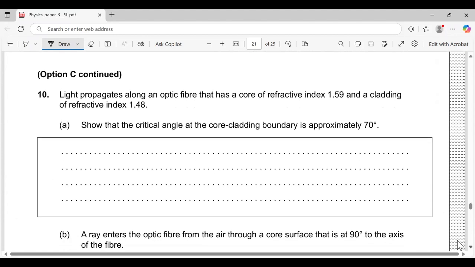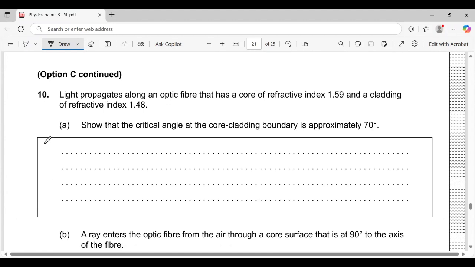Number 10. Light propagates along an optic fiber that has a core of refractive index 1.59 and a cladding of refractive index 1.48. Show that the critical angle at the core-cladding boundary is approximately 70 degrees. All right. We use Snell's law at the boundary where total internal reflection occurs.